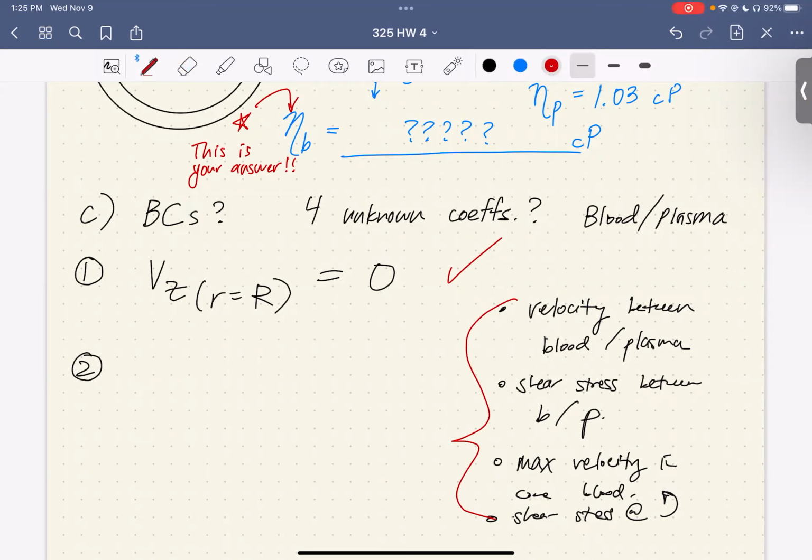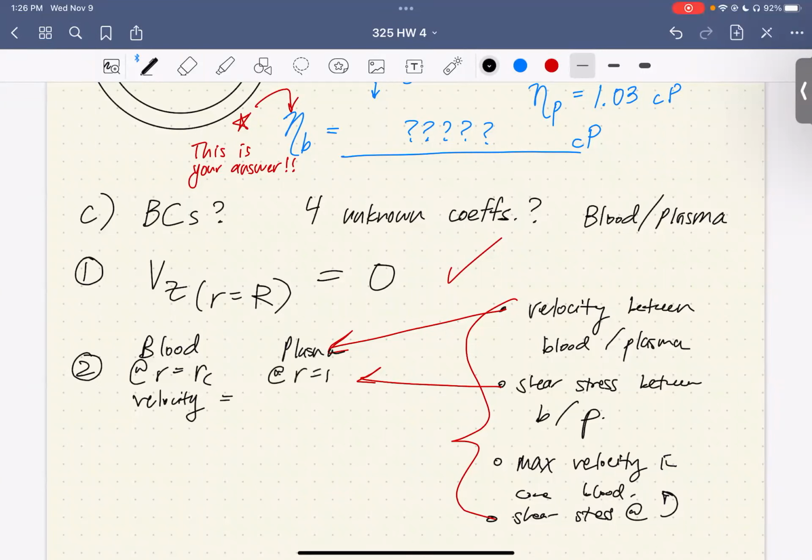Well, I hope you all know this boundary condition. That can be easily written, and I'm not going to write it in this notation, but you all can do it. The blood velocity at radius RC in the Z direction, and then the plasma at R equals RC, is equal to the velocity and then equal to the shear stress.